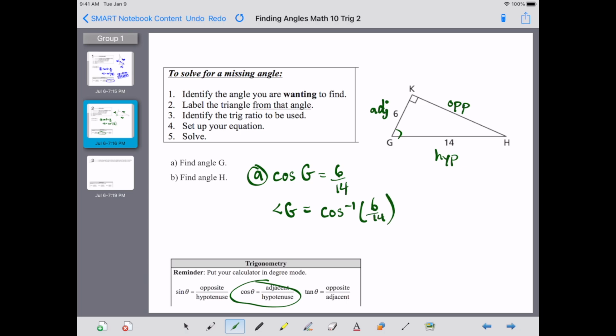So again, we type that into the calculator, and we will get 64.623. So again, if we round that to the nearest tenth, we get 64.6 degrees.